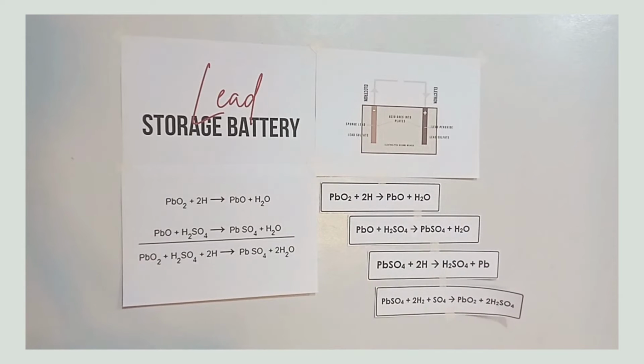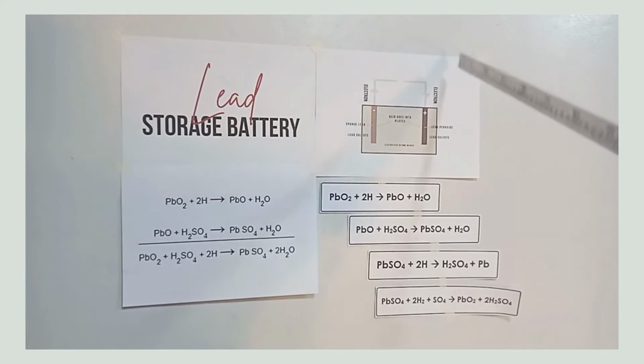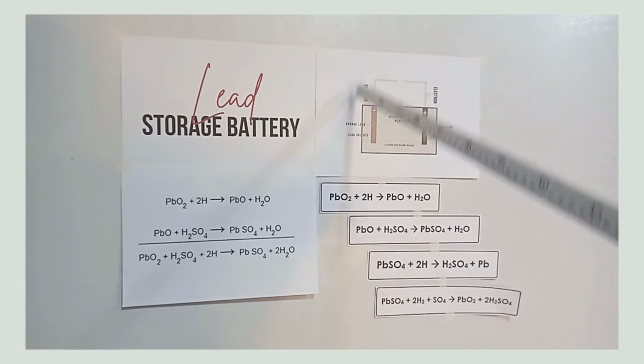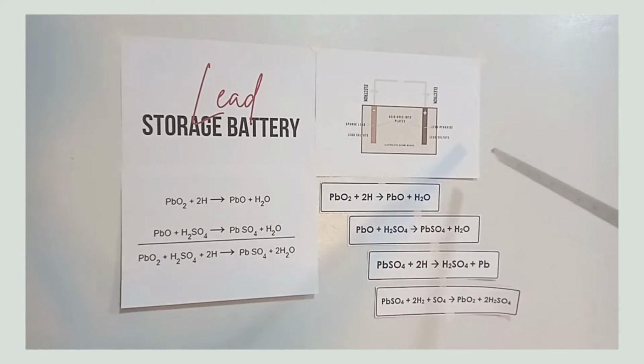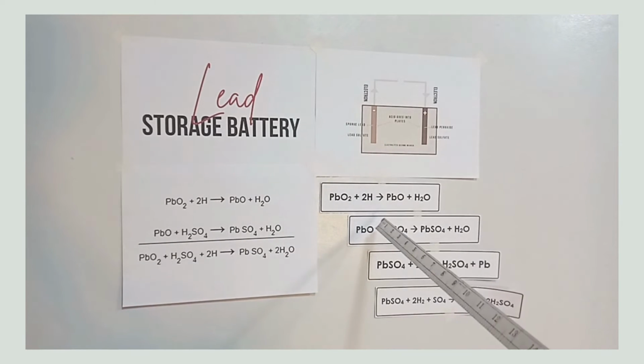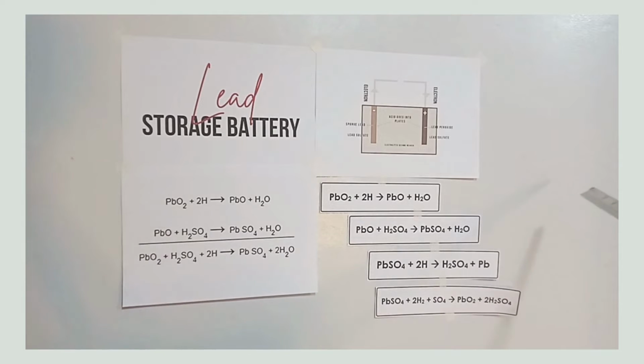The lead battery is made by dipping the plates in sulfuric acid, wherein a conductor or load is connected in between the plates. When the hydrogen plus ions reach the lead peroxide plate, they receive electrons from it and become hydrogen atoms. They form lead oxide and water.